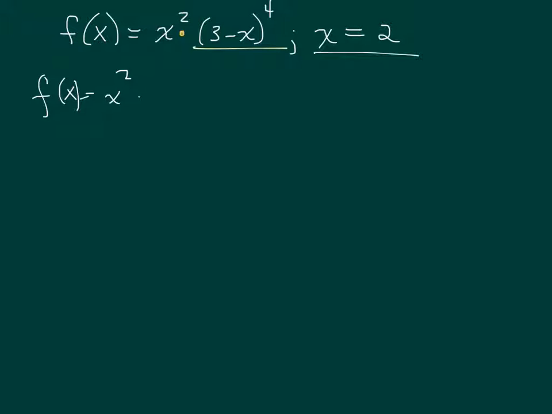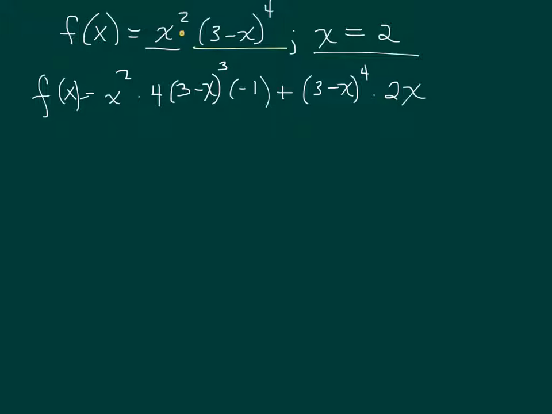So the shortcut way says bring the power down, leave the inside alone, subtract 1 from the power, times the derivative of the inside. Well, the derivative of negative x would be -1. Then plus, leave the second term alone, times the derivative of the first term, which would be 2x.